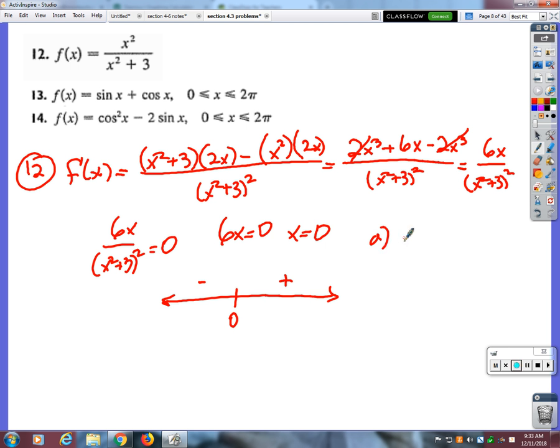Okay, so it is increasing from 0 to infinity, and it's decreasing from negative infinity to 0. And then we can use the first derivative test to recognize it since it's decreasing and then increasing. That means that 0 is a local minimum.